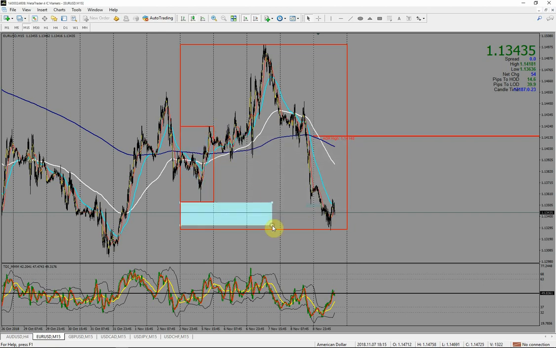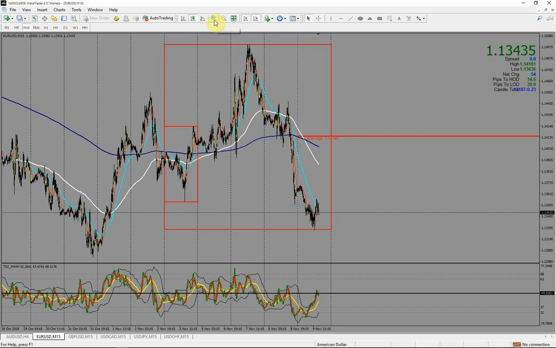There we go. We have Monday as accumulation, Tuesday, Wednesday stop hunt. It was just after midday, so it was the London session, not New York Open or London Open. It was during the London session when this happened. Knowing your moving averages, knowing that this occurred, it's a Tuesday stop hunt high.